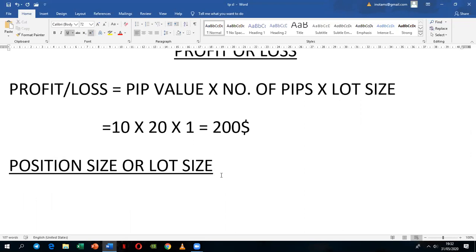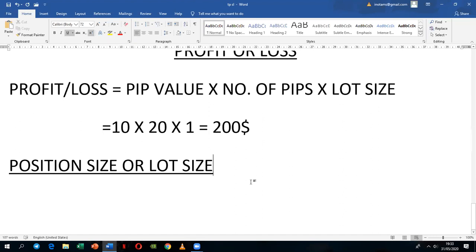You don't just wake up and say, I'm opening one lot when you have a $50 account. With a $50 account, you only need a drawdown of 5 pips to blow your account, because every pip costs $10. The moment the trade moves 5 pips in the opposite direction, your account is knocked out.